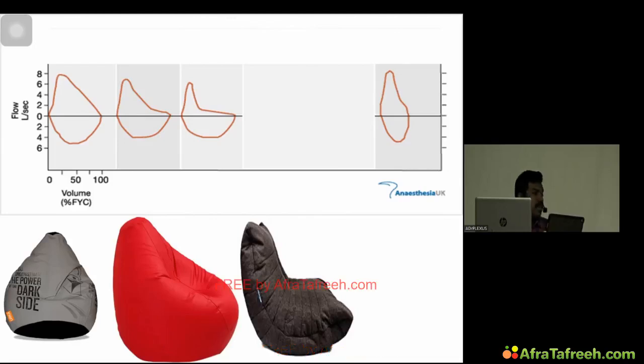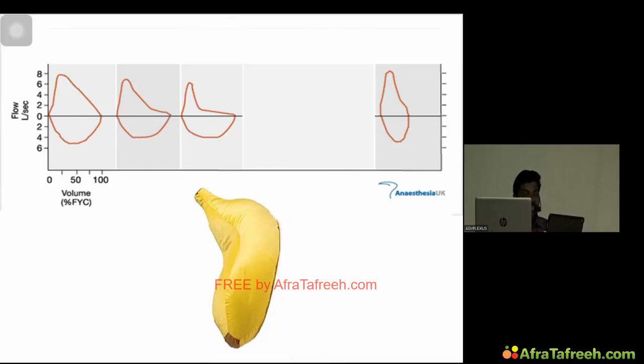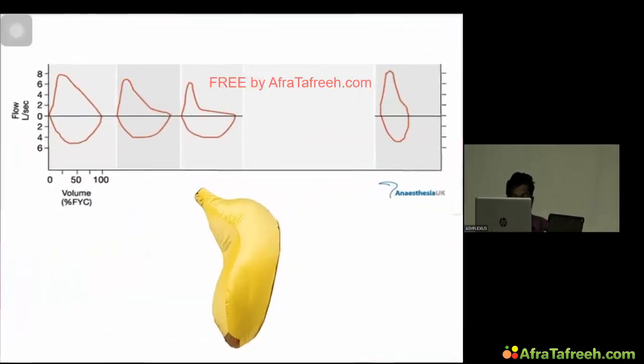Shift towards the left. When you use it for a longer duration, more shift towards the left. When the bean bag size itself is small, then it is going to be restrictive lung disease. So these are the volume curves you are going to get in cases of airway diseases.